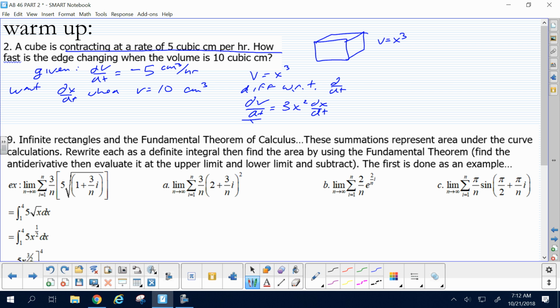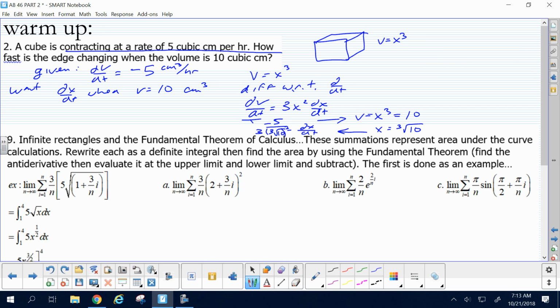I'm going to take a little side note here. If the volume is x cubed and at the instant they wanted it's 10, that would imply that the x at the instant is the cube root of 10. Now that I know x at the instant, I can go back and calculate dx/dt, which is dV/dt, negative 5, divided by 3x squared, or 3 times the cube root of 10 squared.